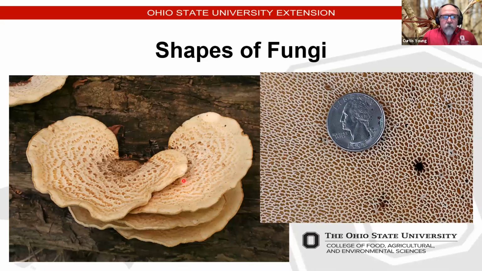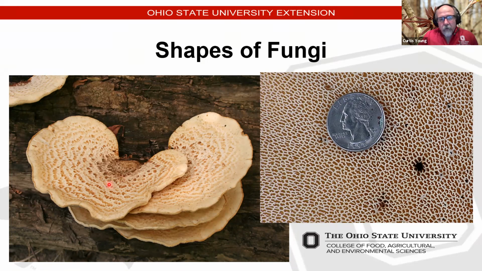Another polypore, this one is dryad saddle or pheasant's back. It's another annual type of polypore, so the tissues of this remain relatively soft. Now, as they mature, they'll get tough, but they won't be woody. And they will persist through the winter, but by the next spring, they're looking pretty rough in terms of their appearance.